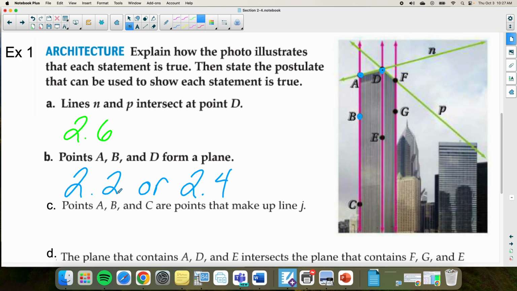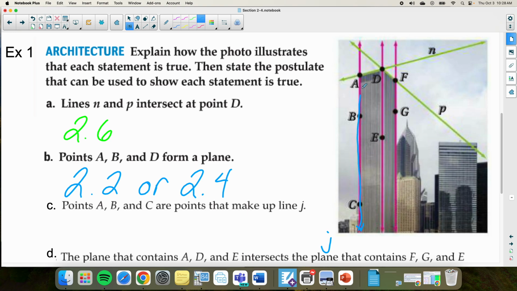Okay? The next thing says points A, B, and C are points that make up line J. Now, I think I just don't have that part on here, but one of these lines is J. It's this one right here.